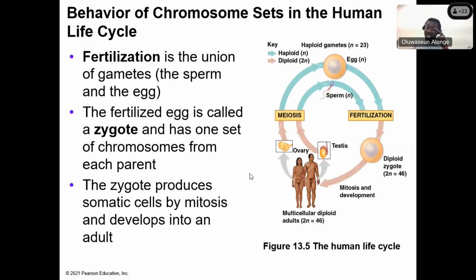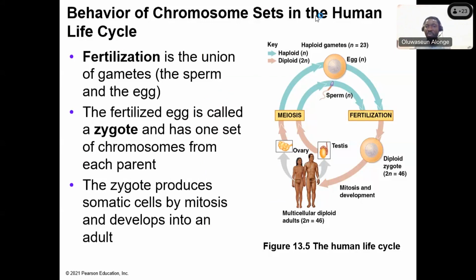Now, fertilization simply means the union or the fusion of the sperm nucleus and the female egg together. When the sperm fertilizes the egg, that is fertilization. The nuclei will be fused together and it will form a diploid cell. So this is what you see here. This is fertilization.